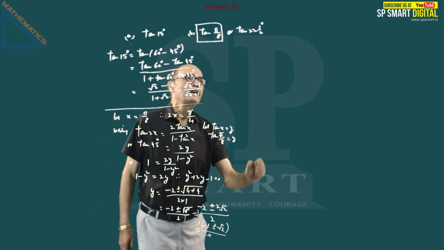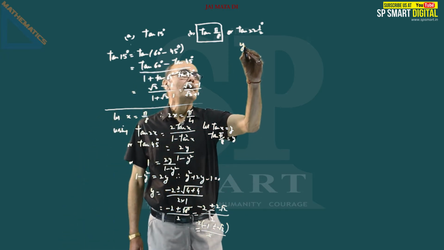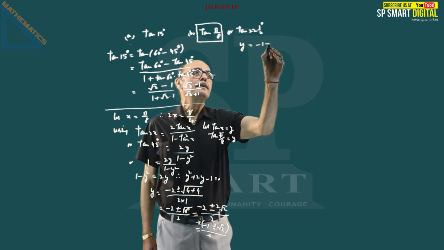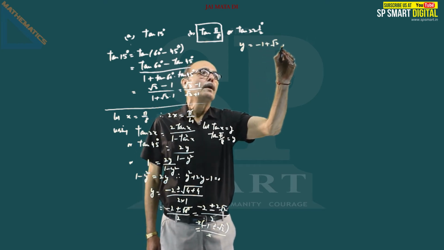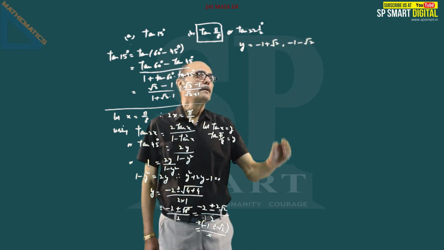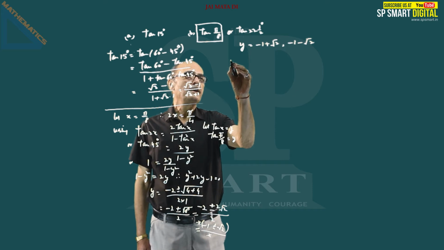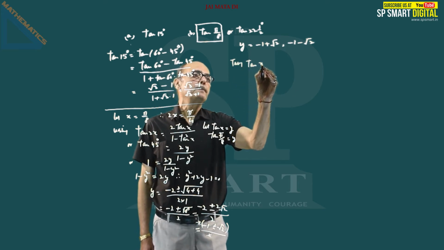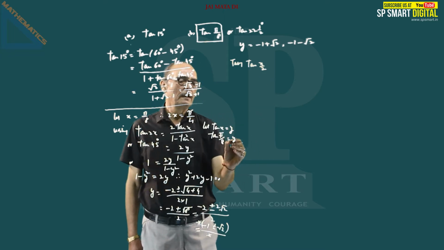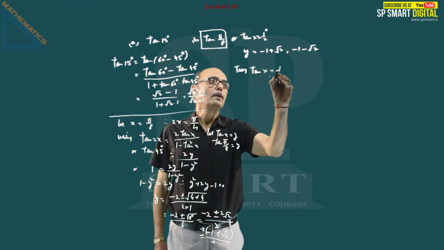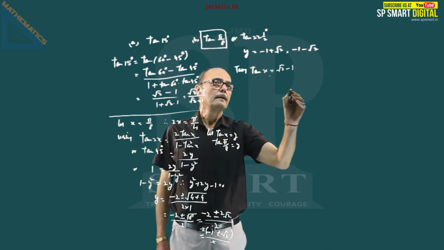So we get the value of y as minus 1 plus root 2 and minus 1 minus root 2. If you remember, y is tan x, so tan x equal to root 2 minus 1.